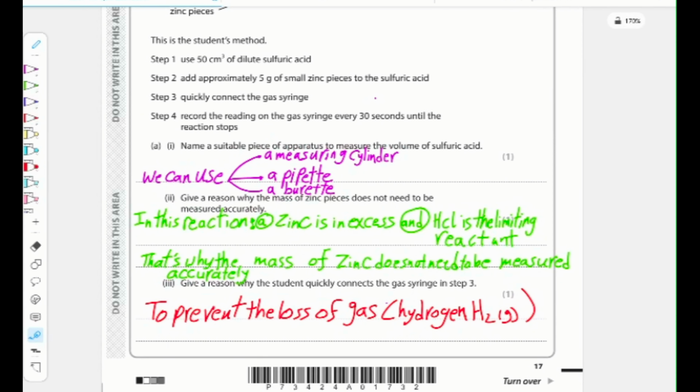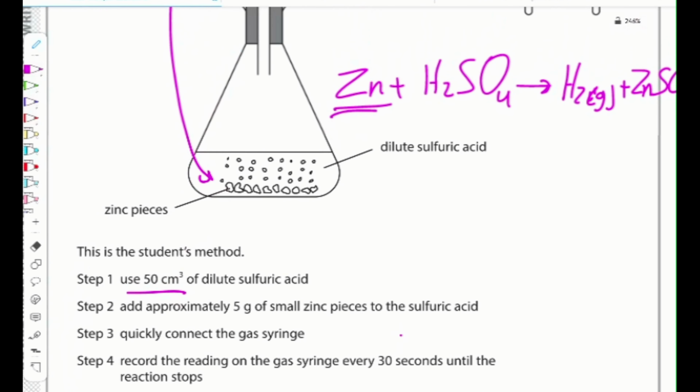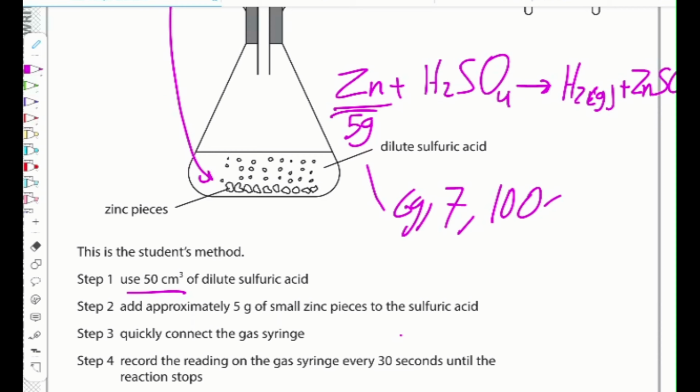Let's say, for example, that this 50 cubic centimeters of sulfuric acid needs, for example, 5 grams of zinc. If I add more, 6 grams, 7 grams, 8 grams, 1000 grams, they are the same, as long as 5 grams are enough to consume all of the H2SO4.